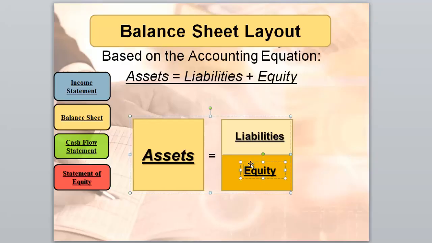In fact, I probably should change this to owner's equity, because this actually represents the amount. Let's see here. Well, in any event, this is owner's equity. Let's leave it at equity. This is the amount that basically either the owners have contributed, and it also represents the accumulation of all retained earnings.